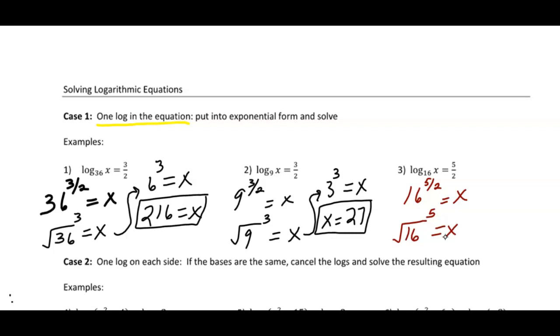The square root of 16 is going to give me 8. No, it's not. It's 4. Sorry about that. The square root of 16 is 4 to the 5th power. And then if you take 4 to the 5th power, you should get 1024.